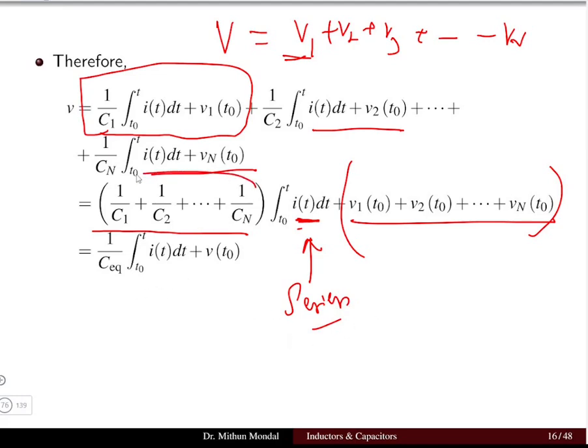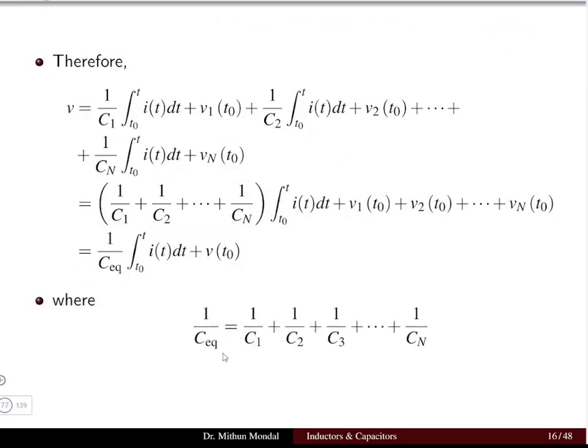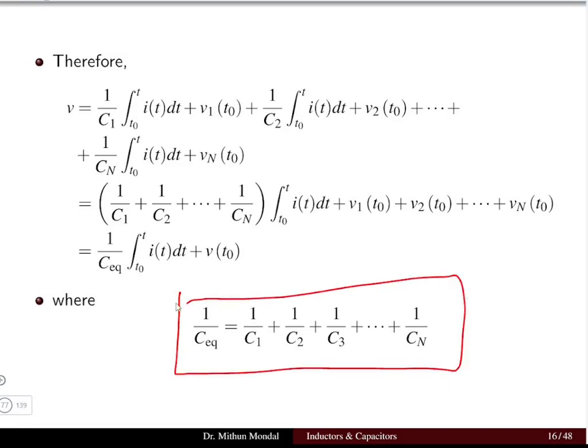Then this value we can substitute as 1 by C equivalent integral of i dt plus the initial value of the voltage, which is this one, for the individual capacitor. It means that 1 by C equivalent is equal to 1 by C1 plus 1 by C2 plus 1 by C3 up to 1 by Cn.